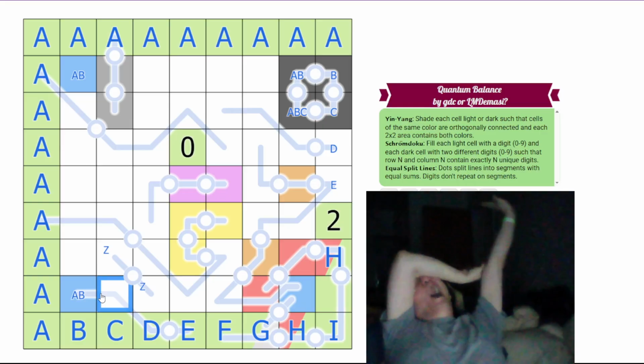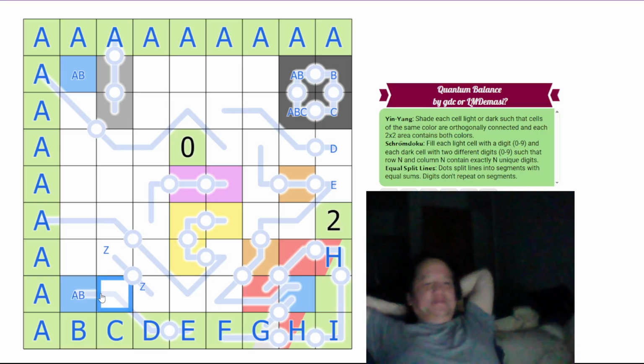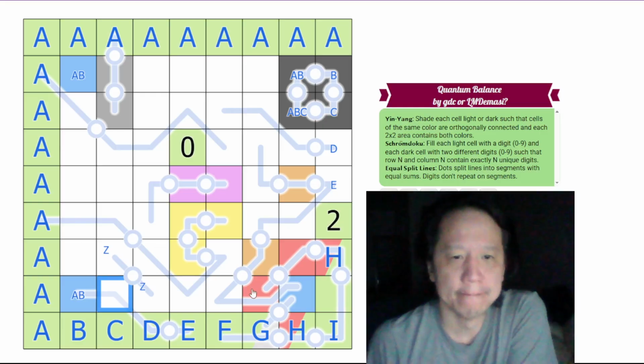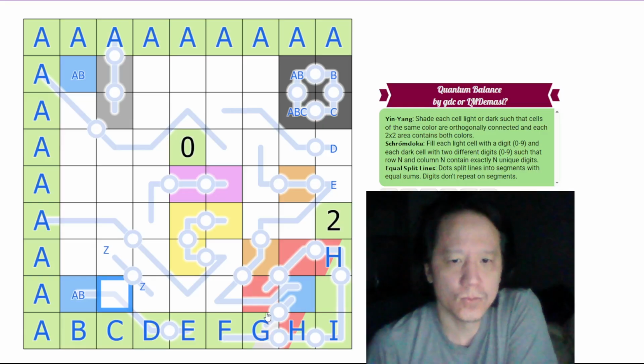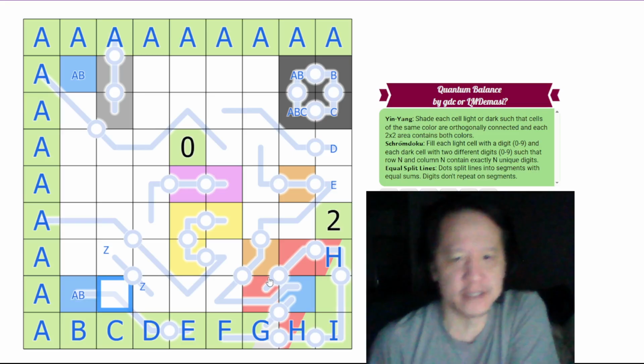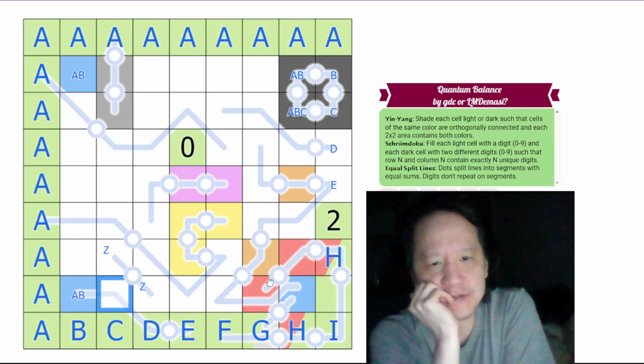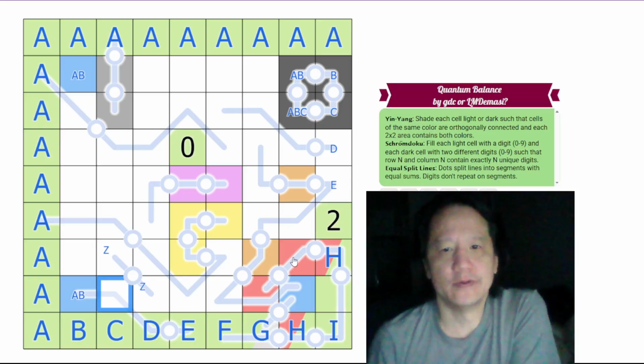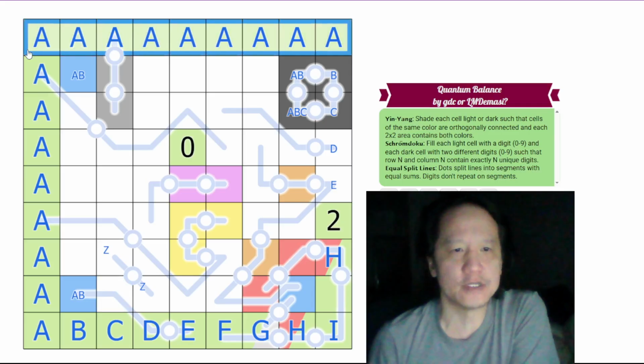This is tough. Yeah, I did not really understand the logic of this puzzle throughout. As I said, it's the first time I've run into this Sudoku, so that's interesting.